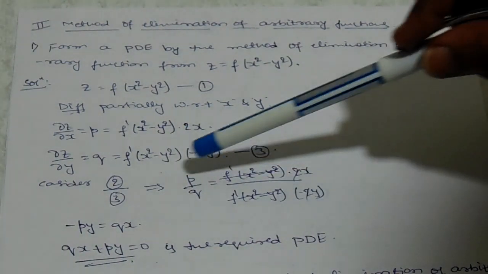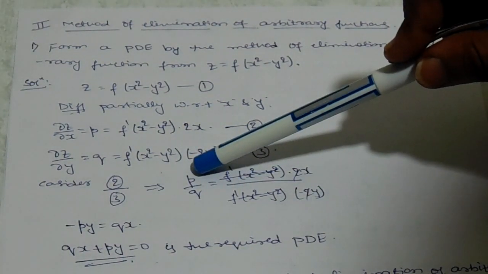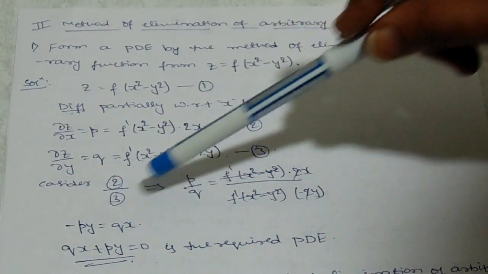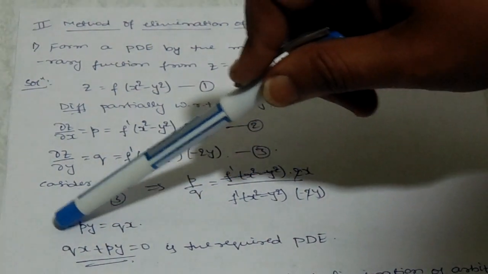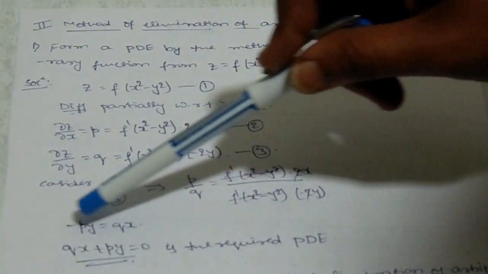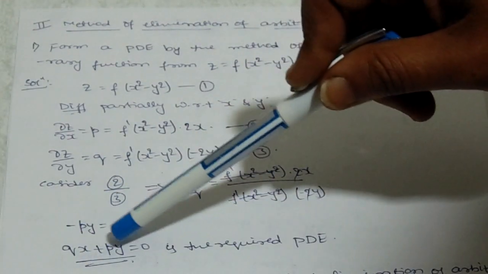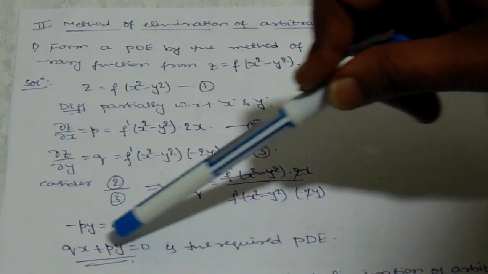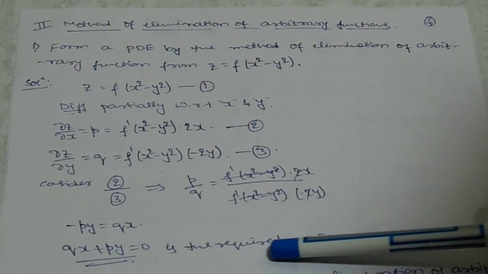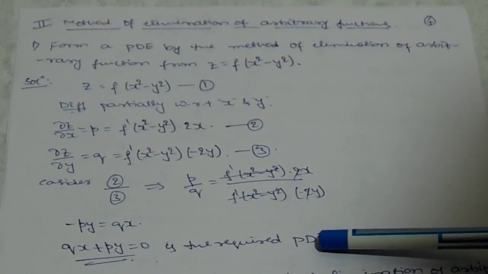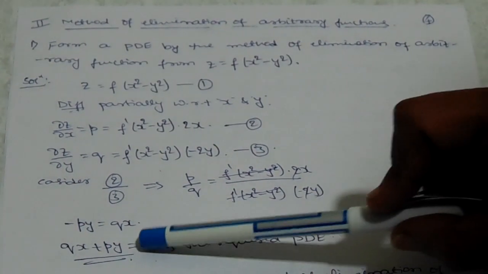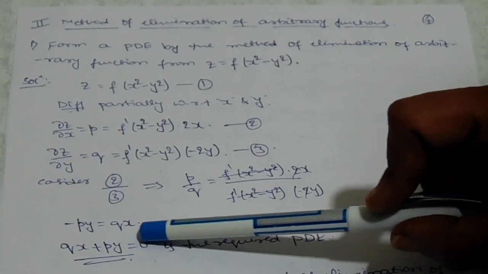So after cross multiplication, it will be minus py equal to qx. You can transfer it to the RHS. So this is qx plus py equal to 0. This is the required partial differential equation. Here no arbitrary function is there.